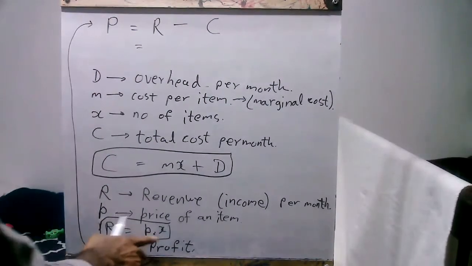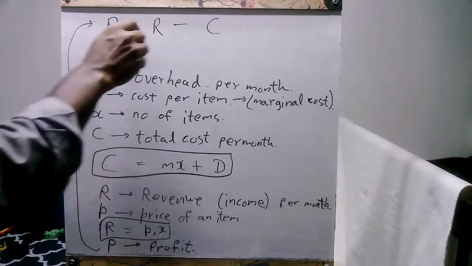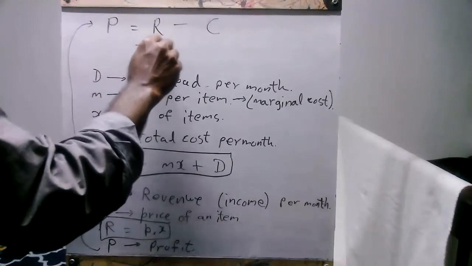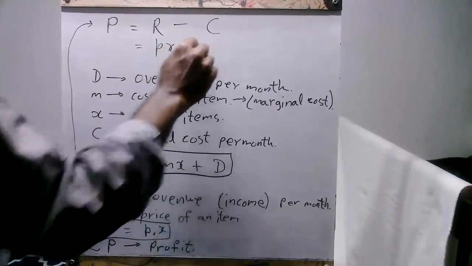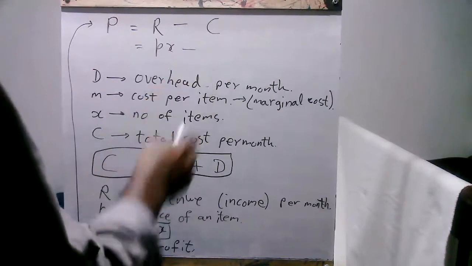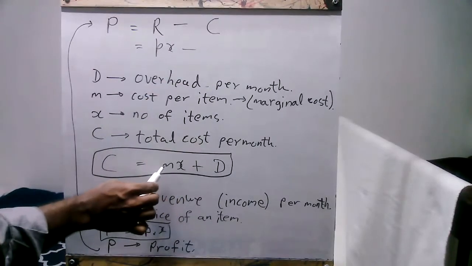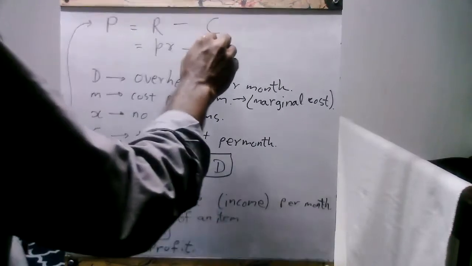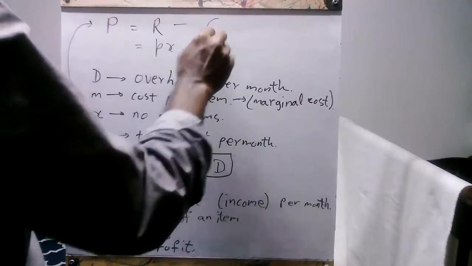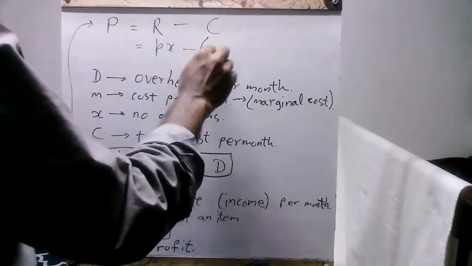R is what? Price times number of items, minus cost, which is mx plus d. So that is the cost. I have to write that in parentheses.